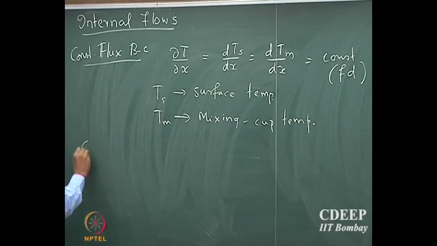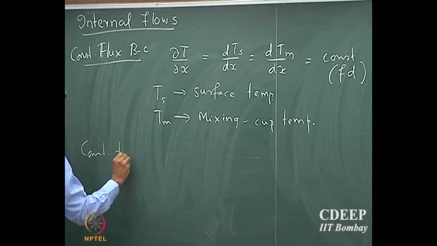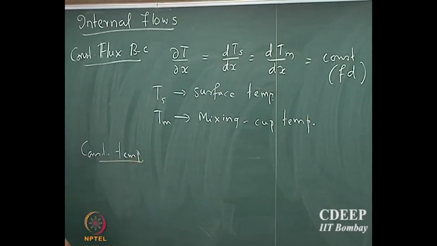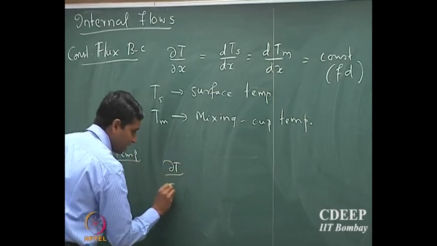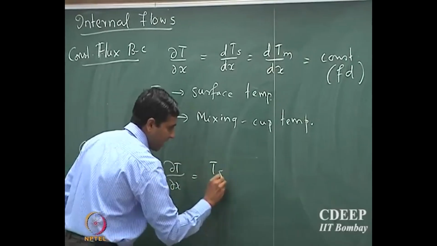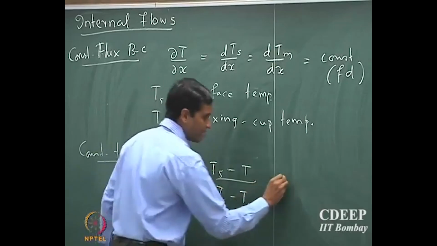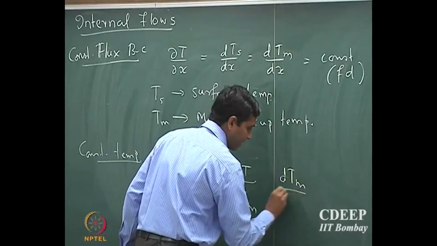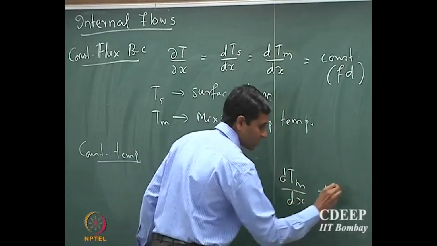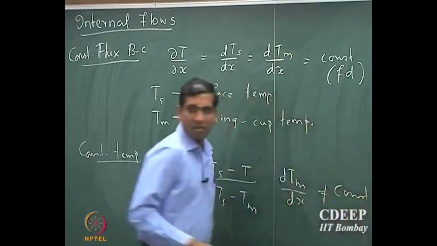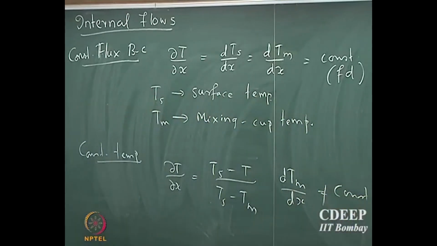Similarly, we also showed that for constant temperature boundary conditions, dT/dx is (Ts minus T) by (Ts minus Tm) into dTm/dx. Obviously this is not a constant, you can clearly see that it is not a constant.